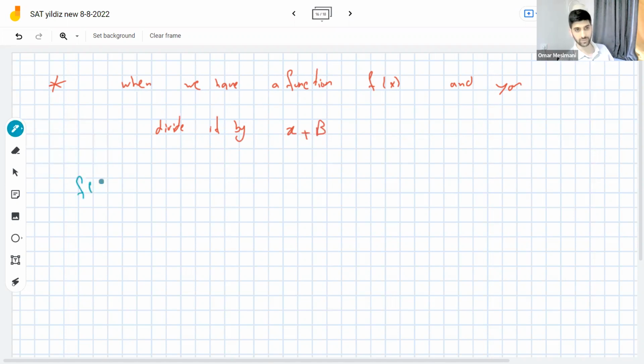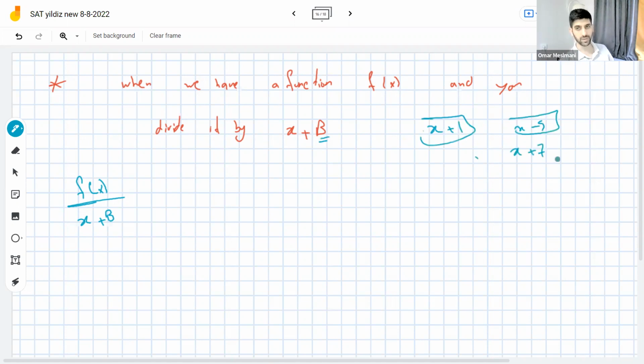I'm taking the function fx, and I'm going to divide it by x plus b, right? Again, you are dividing this function by a linear expression, because we liked it so much. X plus a number, b. Here could be any number, maybe x plus 1, maybe x minus 5, maybe x plus 7, I don't care.